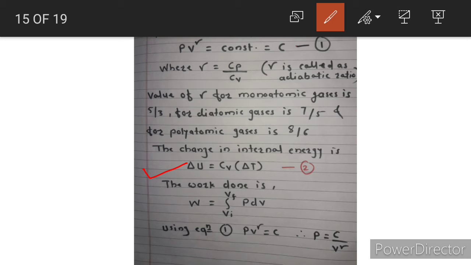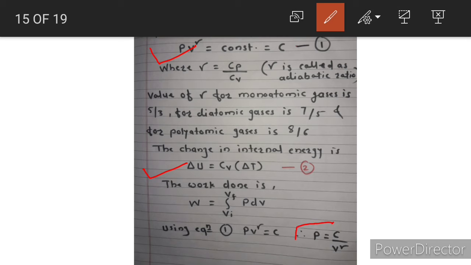Now the total work done is given by W is equal to the integration from Vi to Vf of P dV. Using equation number 1, PV raised to gamma is equal to C, so P is equal to C by V raised to gamma.